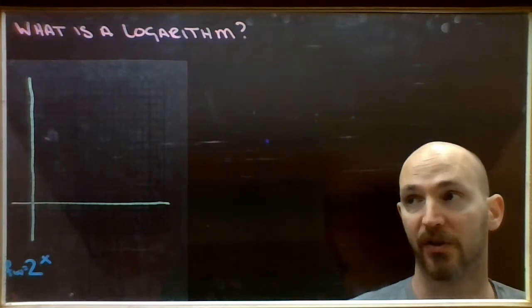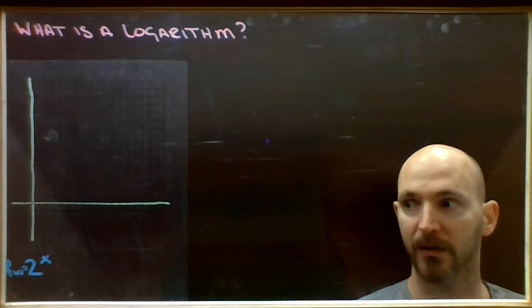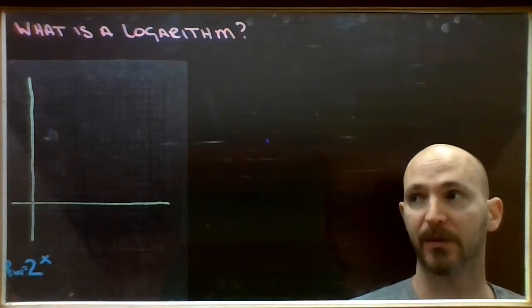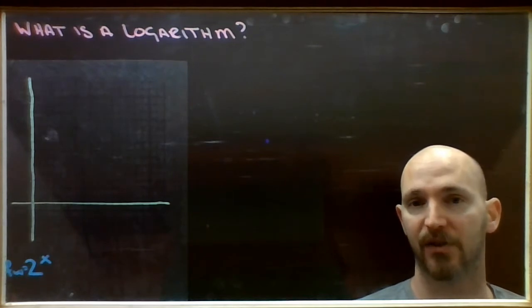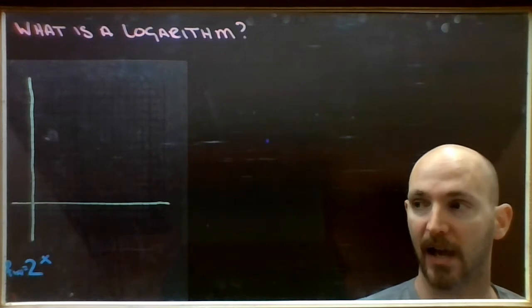So anti-functions are reflections of their function partner. I'm going to draw 2 to the exponent x for you, and then we're going to use that sketch in order to generate the graph of log base 2 of x.